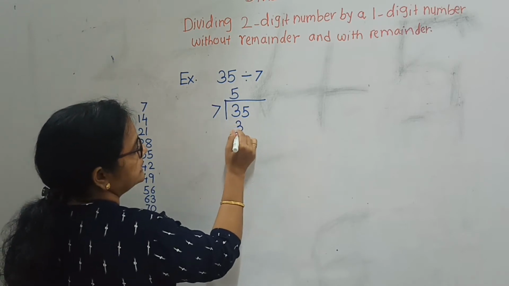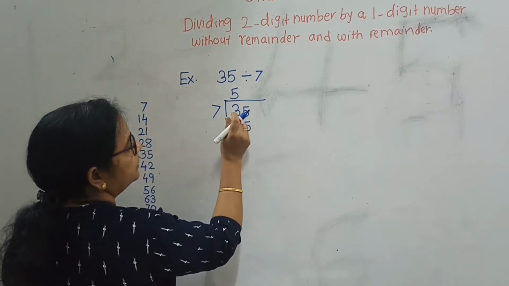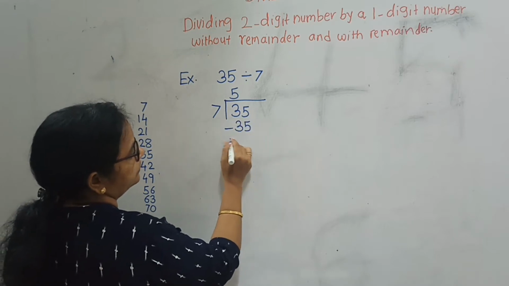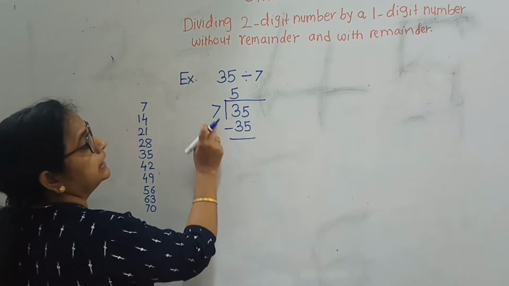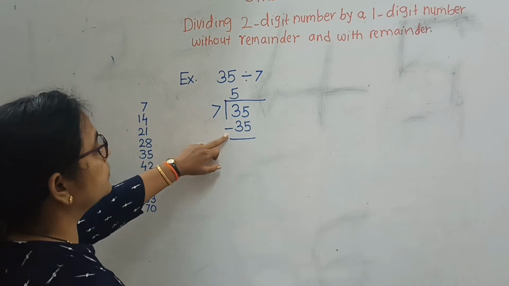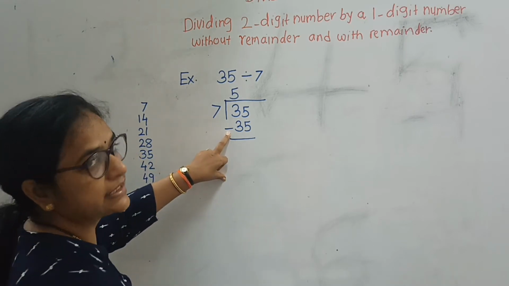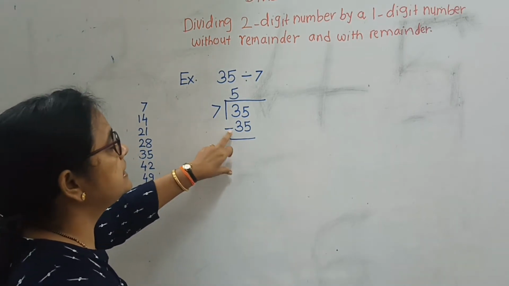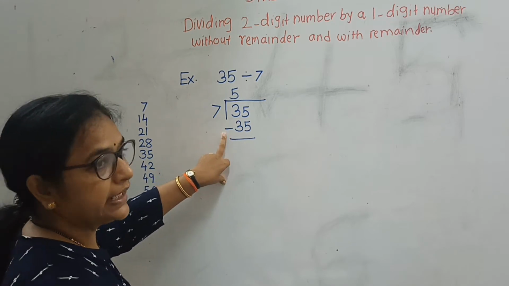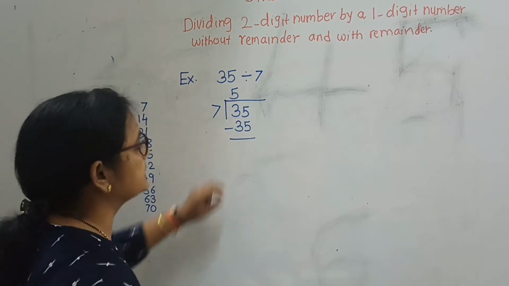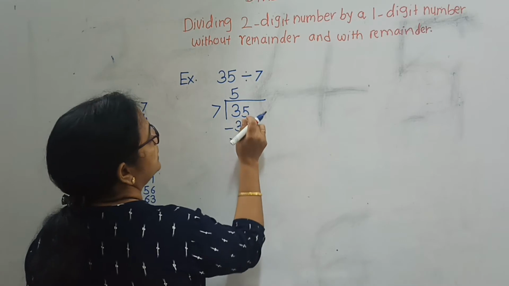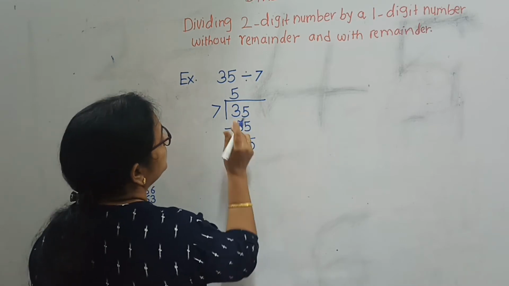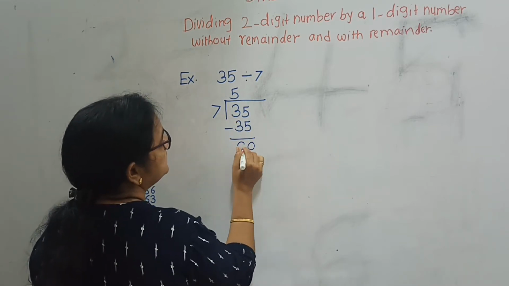You have to write this 35 below this 35. Then in division you have to do subtraction, and children, you know division is repeated subtraction. So 5 minus 5 is 0, 3 minus 3 is 0.